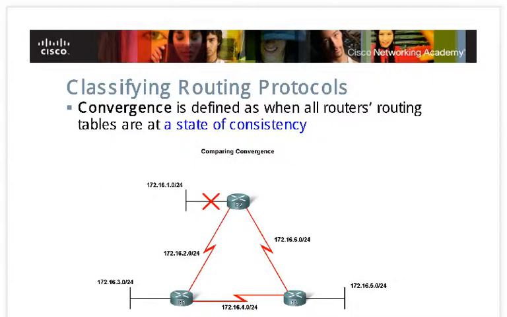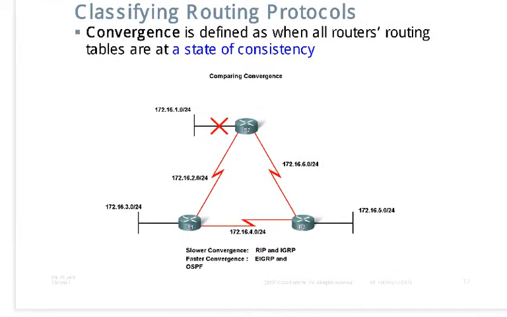For distance vector, this means that the router already has the correct distances and directions to all possible destinations in the autonomous system. For link state, this means that all routers have the states of all the links in the entire network. Okay? So that's what we call the state of convergence.